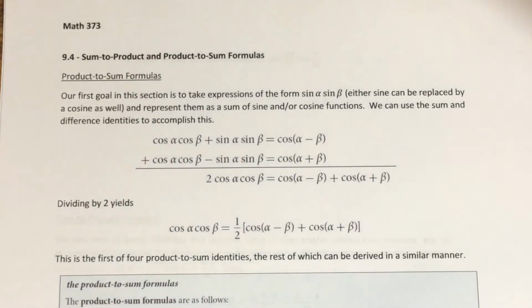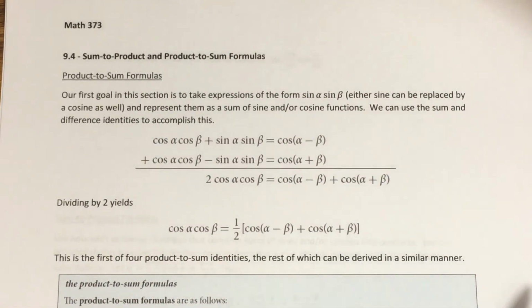This is the first of 4 product to sum identities or product to sum formulas. And notice we have a product of cosines on one side and then a sum of cosines on the other side. Notice we're multiplying by 1/2, but that doesn't really make anything more difficult. It's still a sum of cosines over here. We could derive the other 3 product to sum formulas using a similar technique.